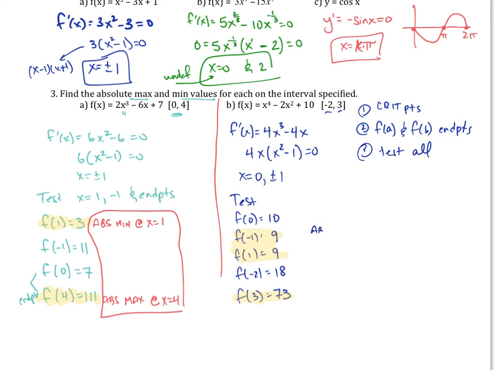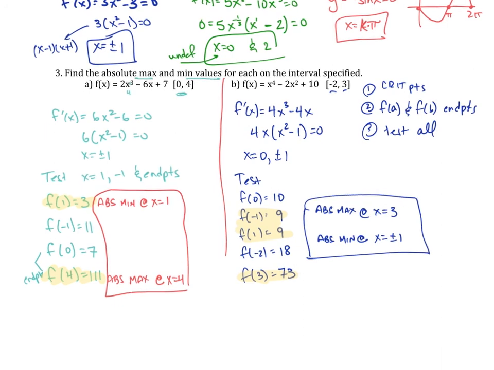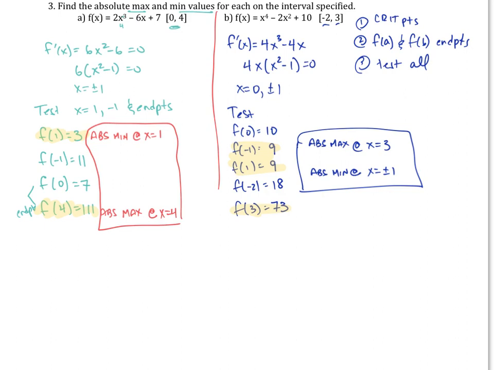So the absolute maximum is at x equals 3, and the absolute minimum is at x equals plus or minus 1. Now that's where the absolute maximum and the absolute minimums occur, but that's not the value. So there's a difference, and I will be specific. So listen to what I'm about to tell you right now so we avoid any confusion.